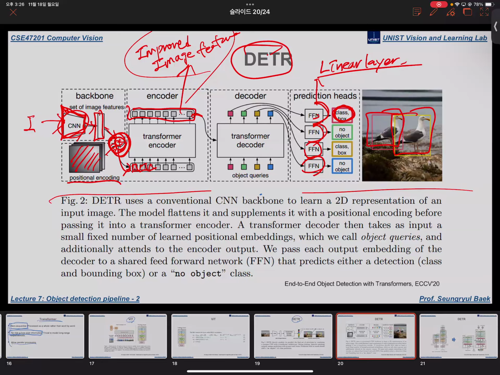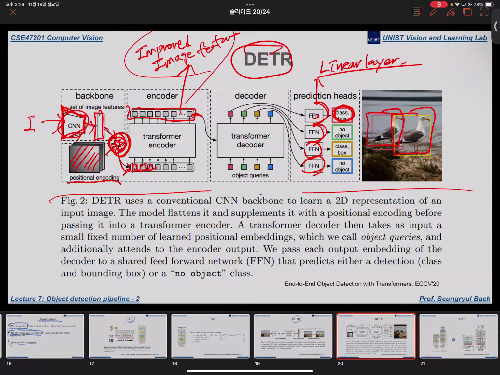Anyway, they are cross-attended with the initial feature and output some intermediate output, which is mapped to the class probability and the bounding boxes via these FFNs.